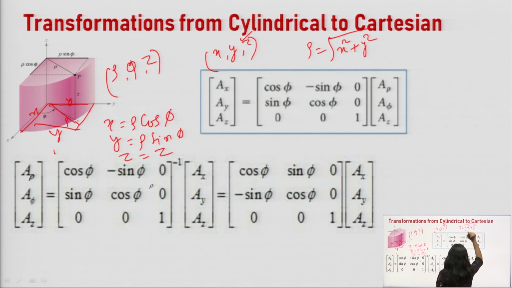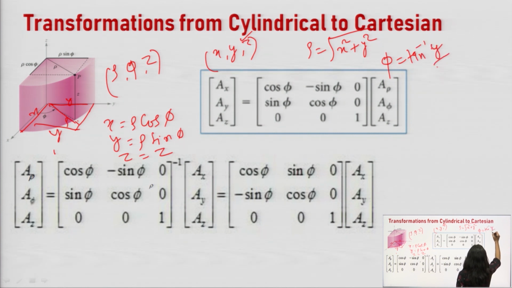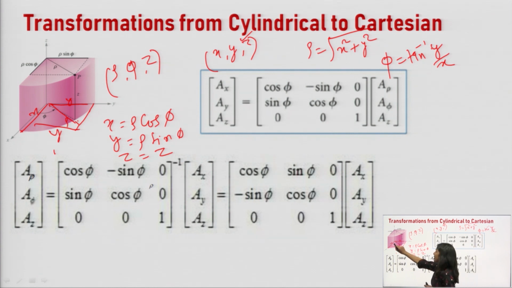Similarly, phi can be written as tan inverse y by x. This is phi, this is the perpendicular, this is the base. We know that tan theta is equal to perpendicular by base. So in place of theta we have phi, so phi will be equal to tan inverse y by x.